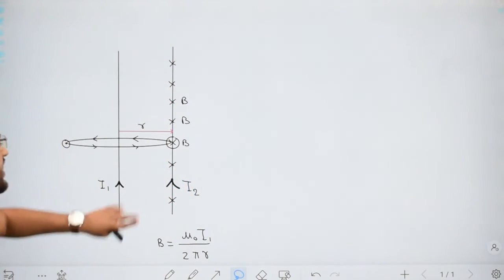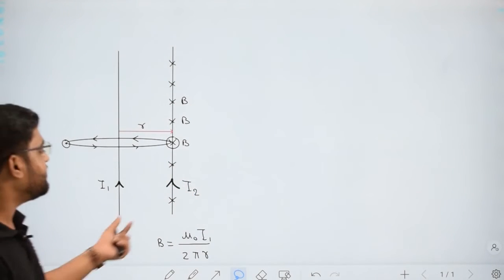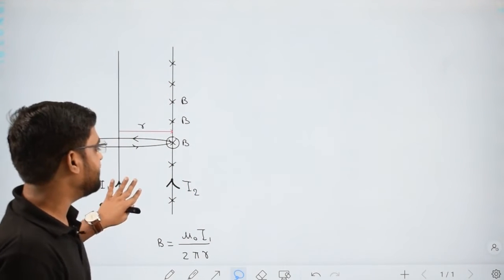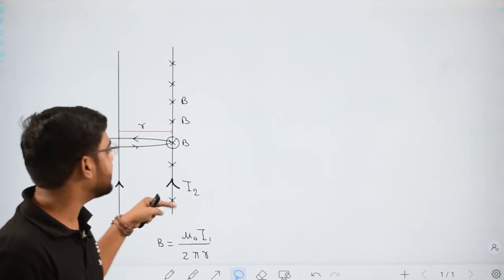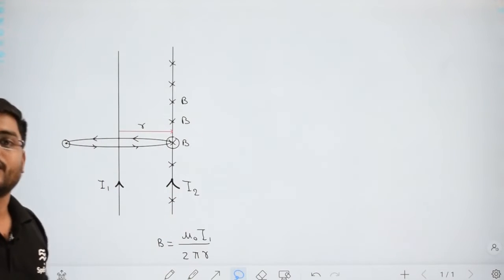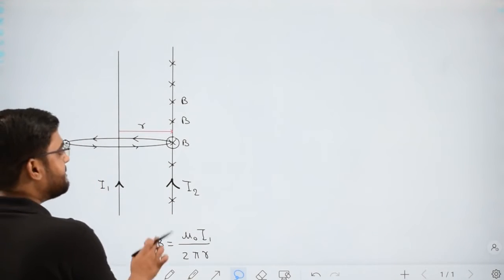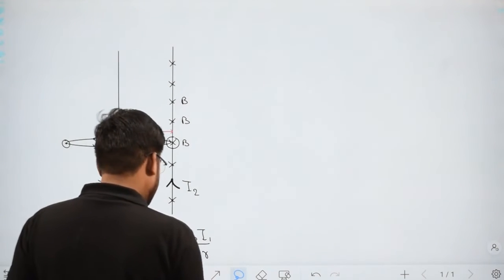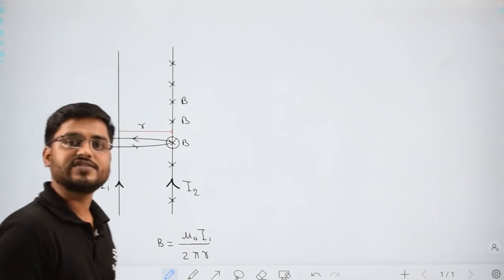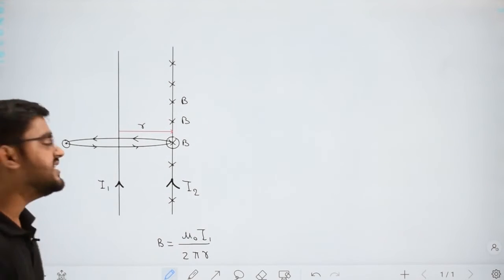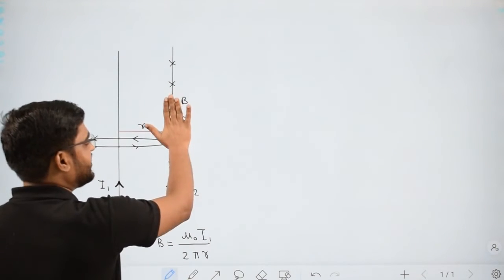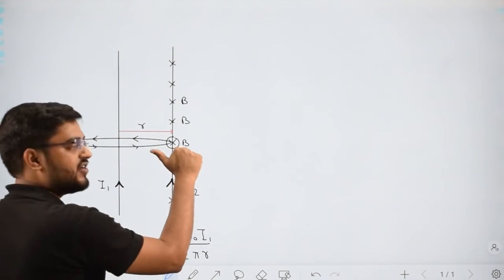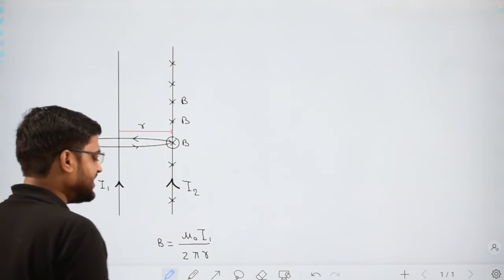Now forget about the first one completely. There is a current carrying wire which is kept in a uniform magnetic field. What is the magnitude of that magnetic field? B is mu naught I1 by 2 pi r. So a current carrying wire will experience a force, and the direction is given by IL cross B. L is in the direction of current, cross B, B is into the plane of the paper, and the direction of force is going to be this way.